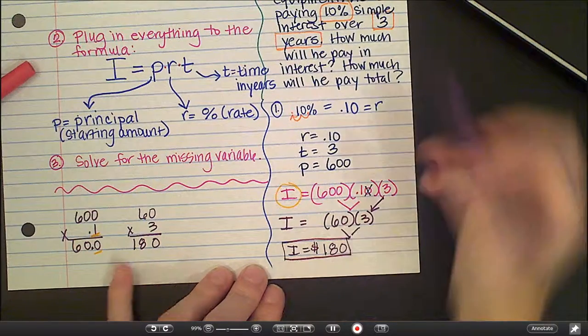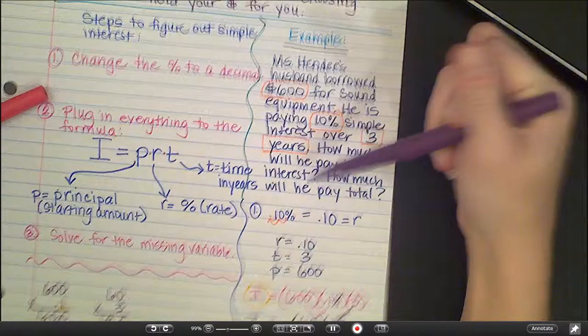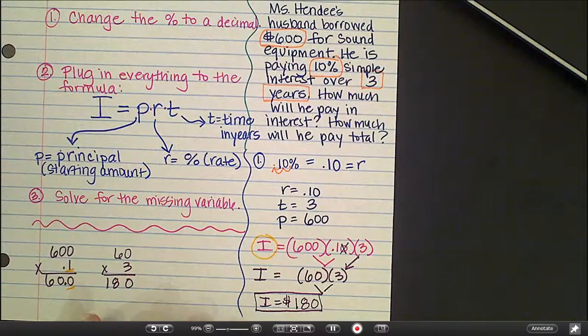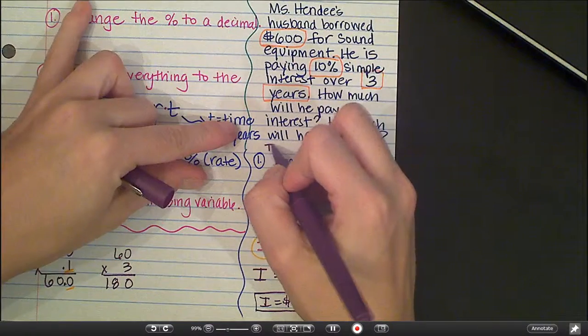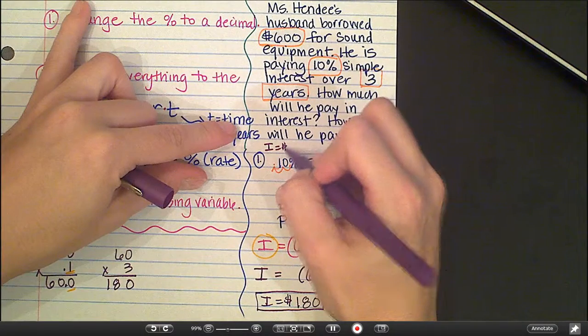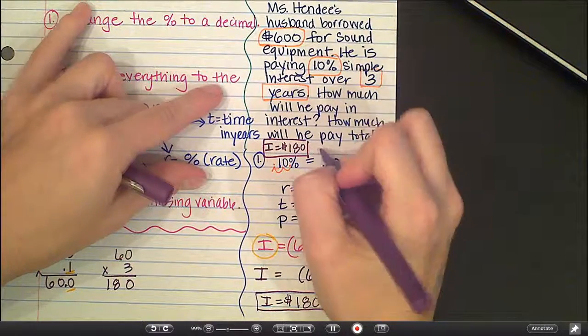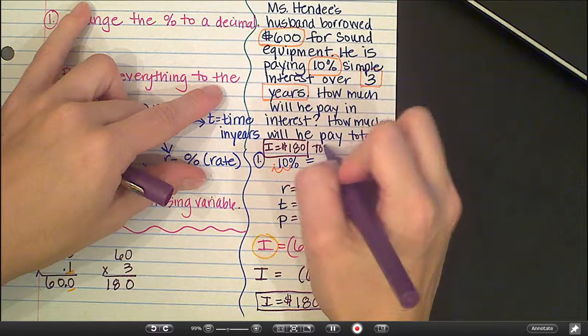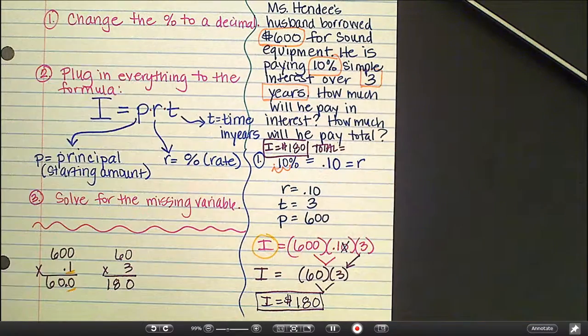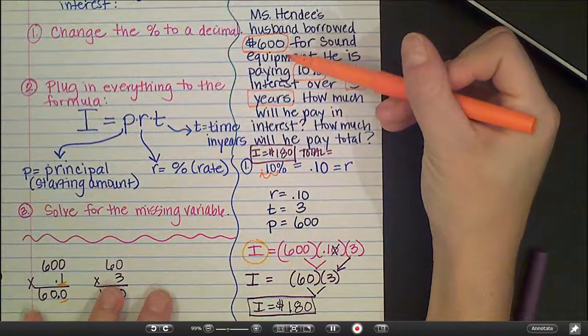So let's look back up here. It says, how much will he pay in interest? Well, do we know that now? Yes, we do. So first, his interest is going to be $180. Now, how much is he going to pay in total? Well, we know he's going to pay $600 for the sound equipment.